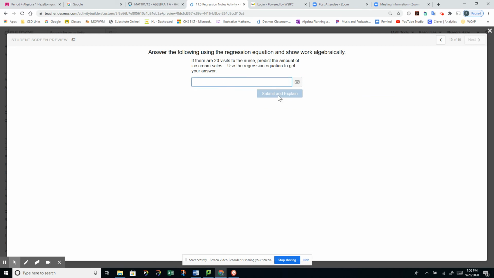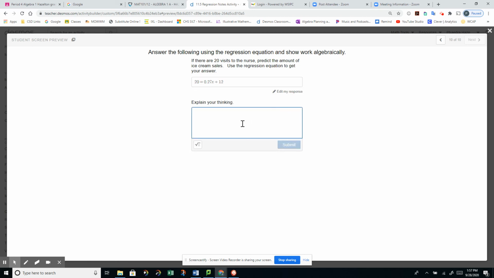Now there are 20 visits. So in 20 visits, now you've got 20 equals 0.27 x, the number of ice cream sales, plus 12. So now in order to do this, we've got to explain and submit. What happens is you're going to go 20 minus 12, and 20 minus 12 ends up being 8.